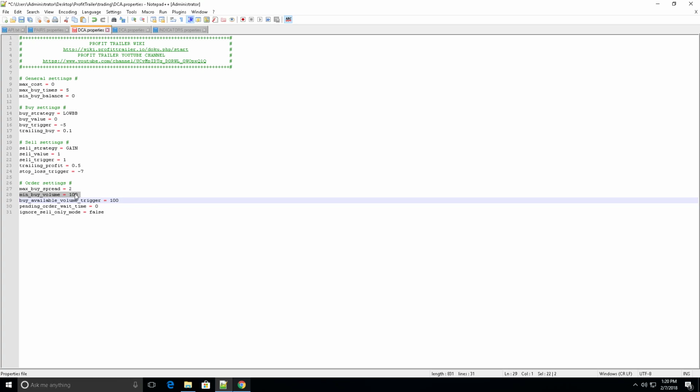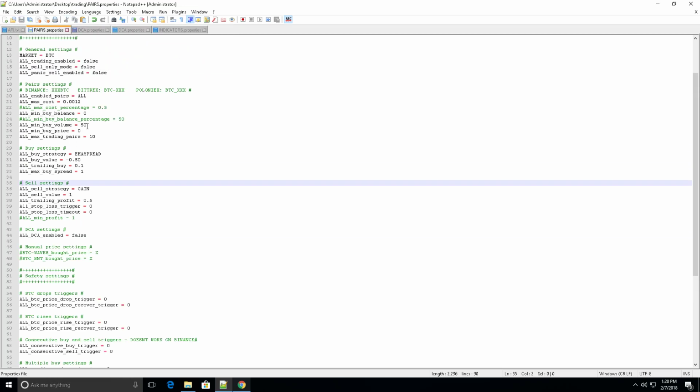This is because sometimes a coin gets pumped really hard. For example, say your min buy volume here is set at 200. So it searches for a coin that has more than 200 in volume to look for an opportunity to buy in.